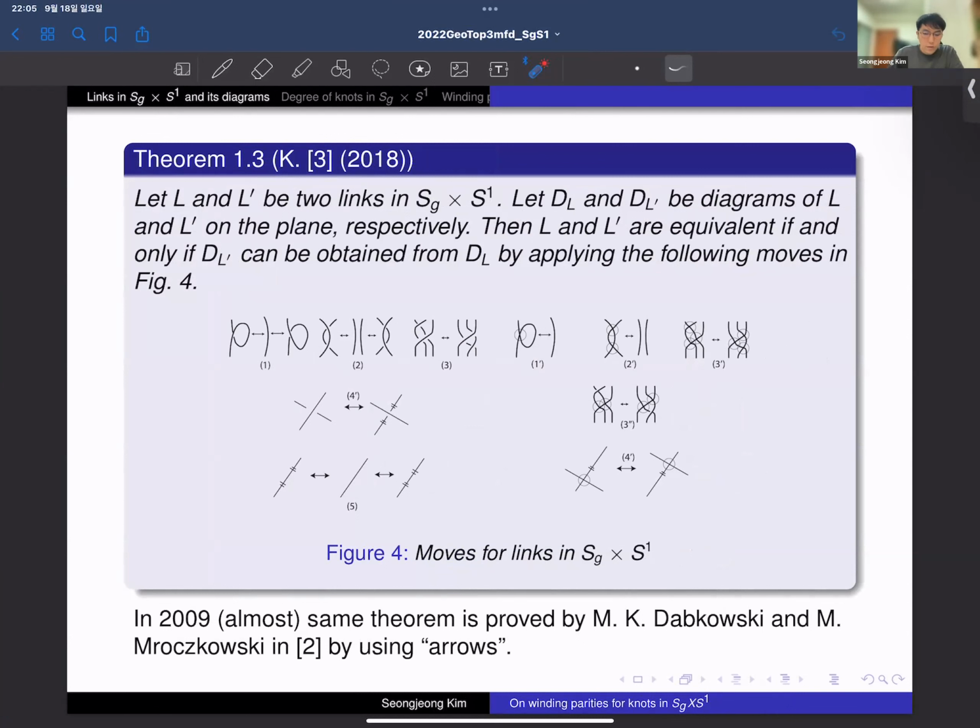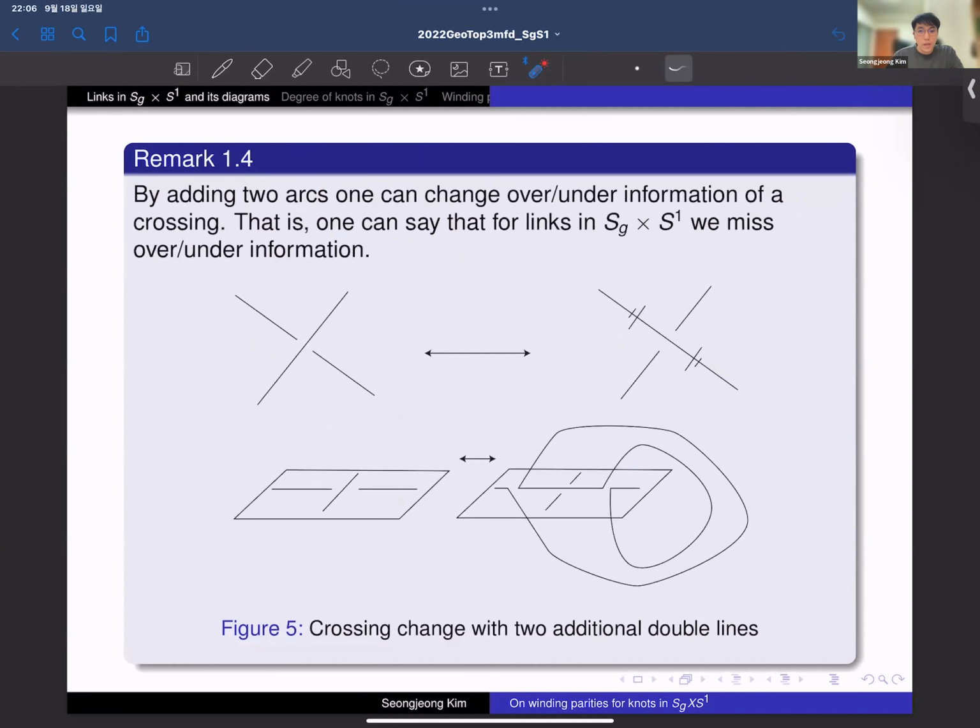And here, three more additional moves related to double lines. Here, especially, I want to highlight this move. In this move, we change over-under information with two additional double lines. And they correspond to links in surface times S1.